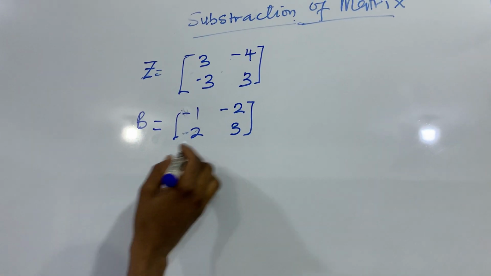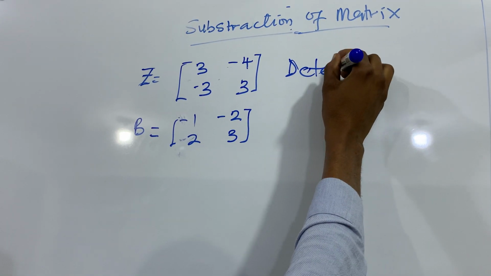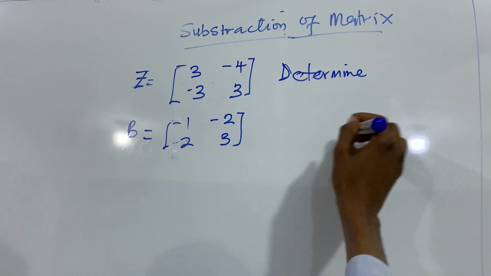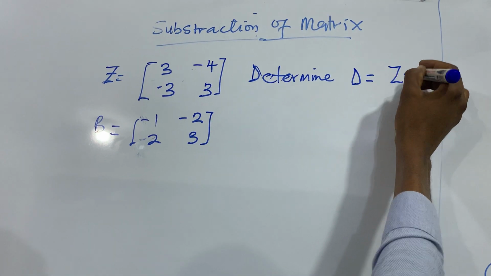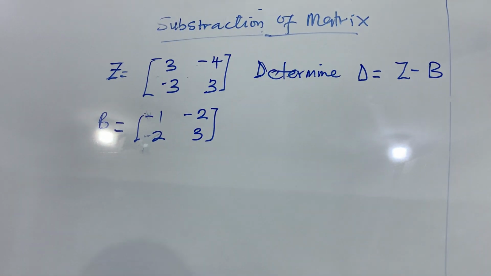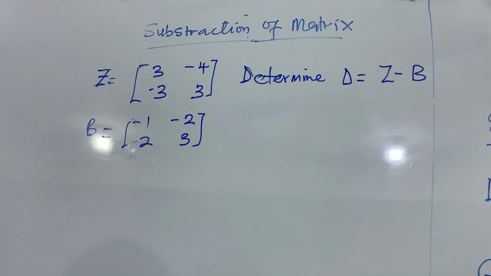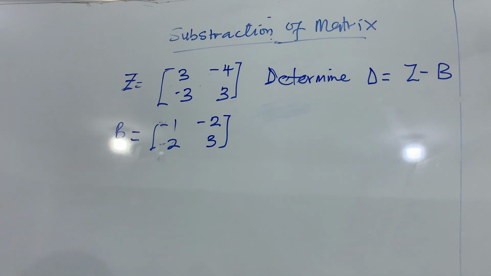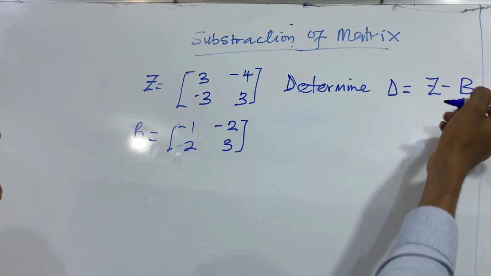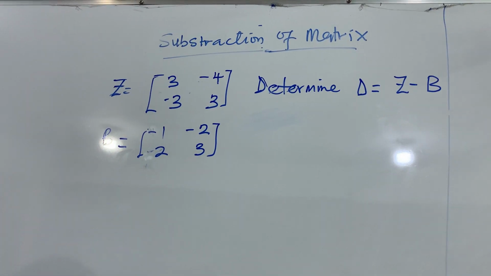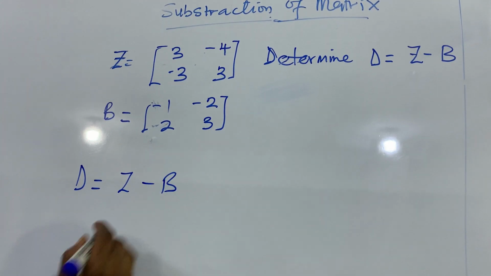And they are saying maybe determine D equals Z minus B. So find matrix D. To determine the matrix called D, you need to subtract matrix B from what? Z. So we say matrix D equals Z minus B.